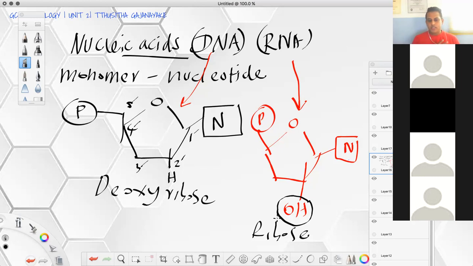Okay, these are the monomers called nucleotide, and the difference is DNA has deoxyribose sugar, RNA has ribose sugar. Now this nitrogenous base here, there are 4 different nitrogenous bases.